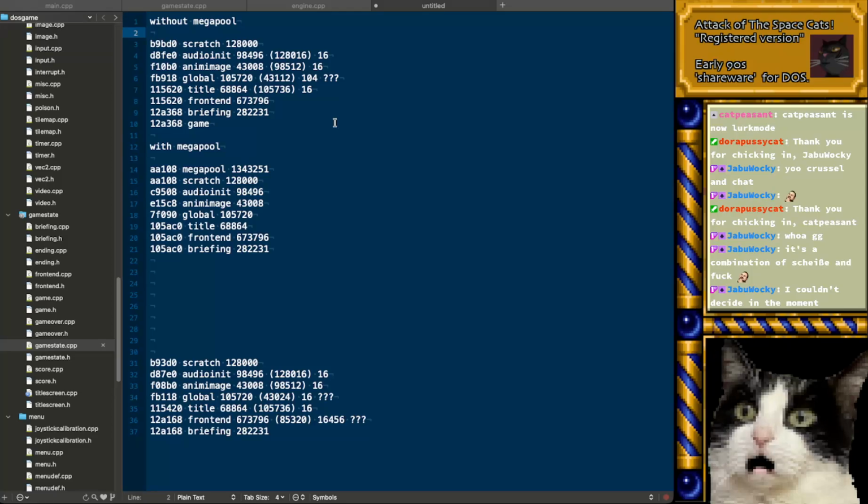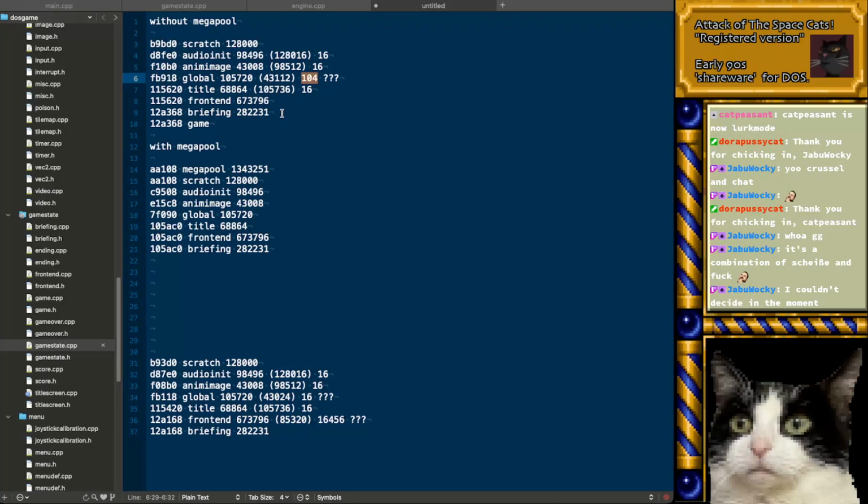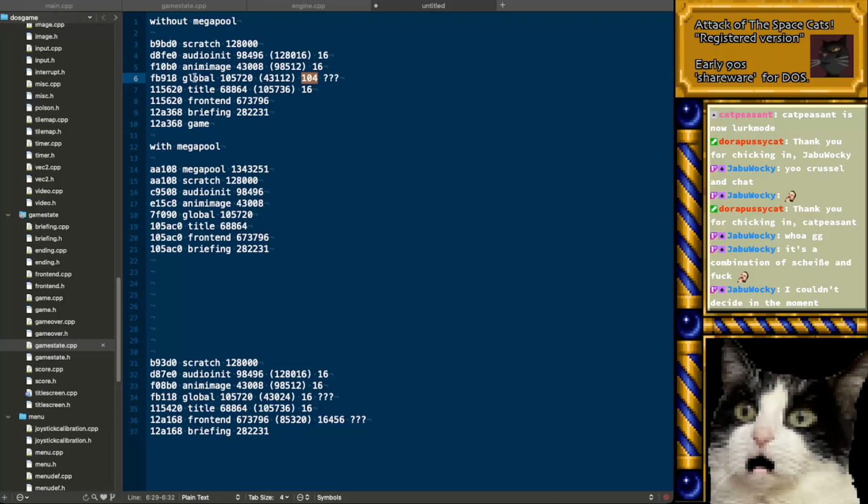But, meh. What I've also noticed, because I'm going through and seeing, like, when we allocate these pools one after another, I'm seeing where the gaps are between them. Because most of the time you get a 16-byte gap, which sort of makes sense, some sort of header on the allocation, that's fine. But for some reason, that one is 104 bytes.